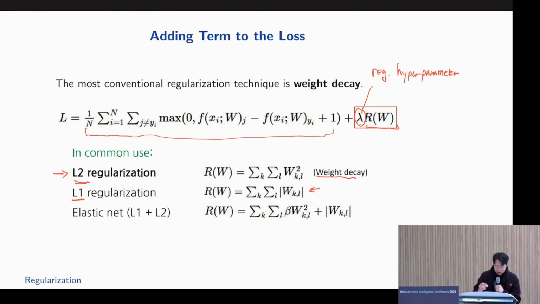And elastic net is a combination of both L1 and L2 regularization. There's a deep theory about the generalization gap and why L2 regularization induces simpler models that generalize better, but it's out of scope because we have so much to cover.